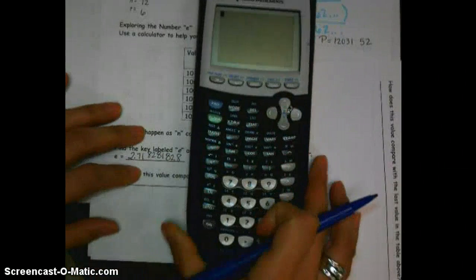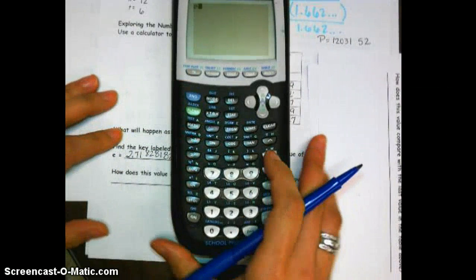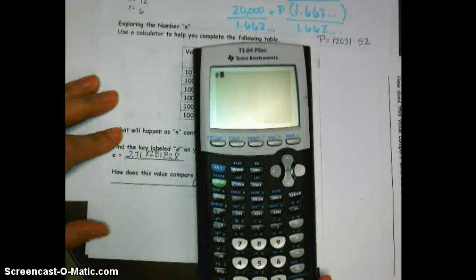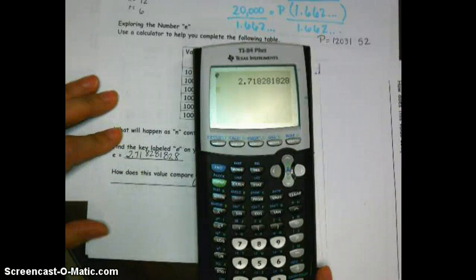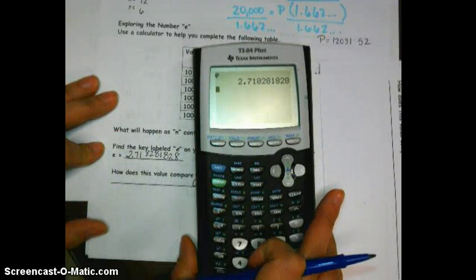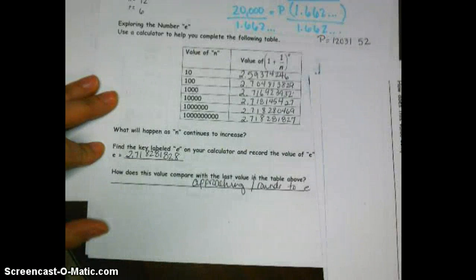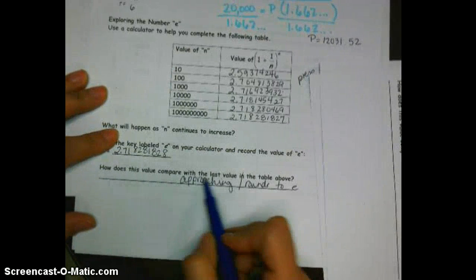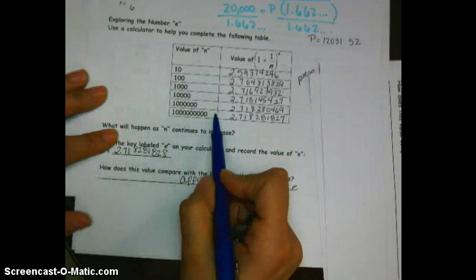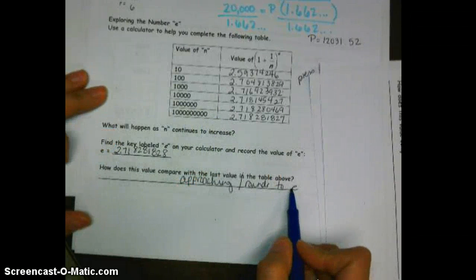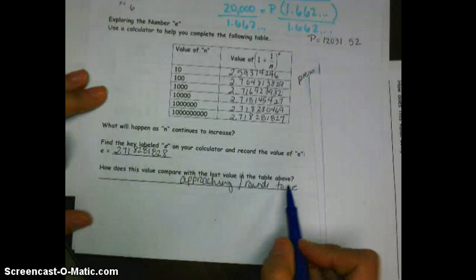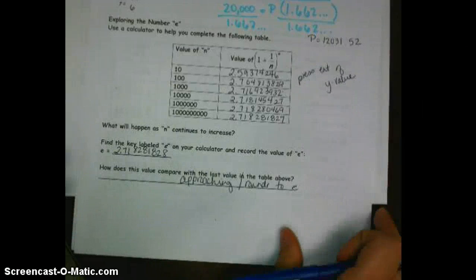So you guys could do second divide key, and there's the E value. That's what your calculator is using every time you type in E. So it's approaching that number. So every time we get bigger and bigger, we're approaching this number E. Just like pi is a ratio of circumference and diameter.